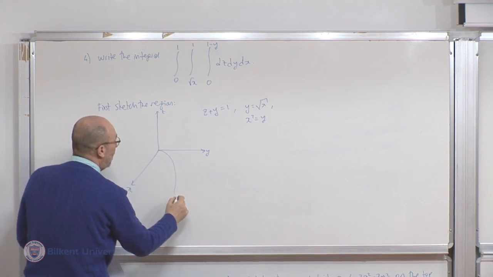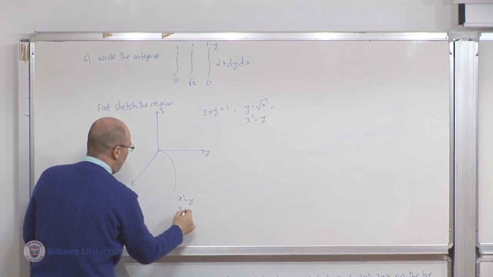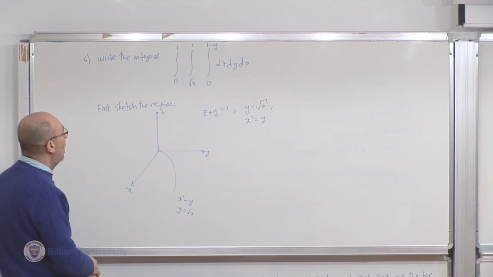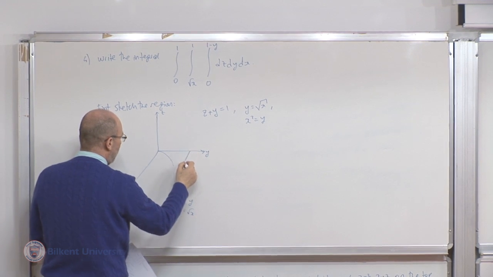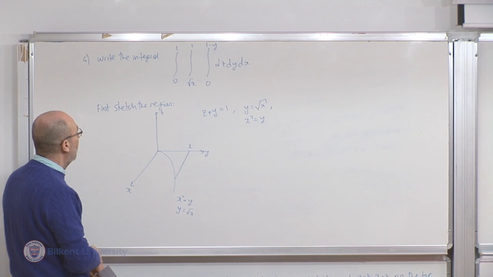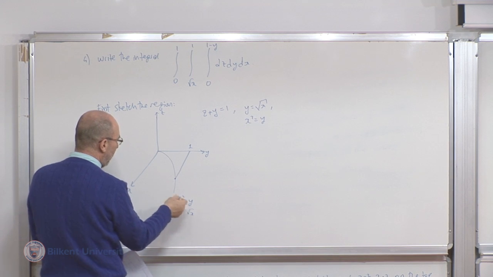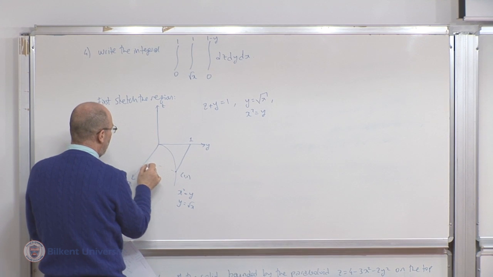This is our x squared equals y, or y equals square root x, depending on which way we want to see it. And it leaves the region when y is equal to 1. Okay, so y is 1 here. This is 1. Okay. And this point of intersection when y is equal to 1, x is equal to 1. Okay, so this is 1, 1. So this point is 1.